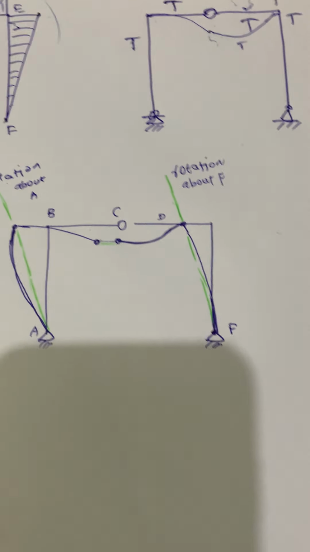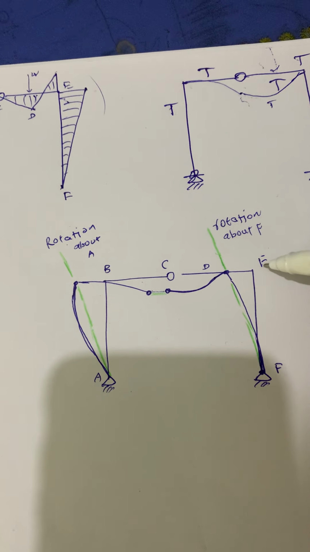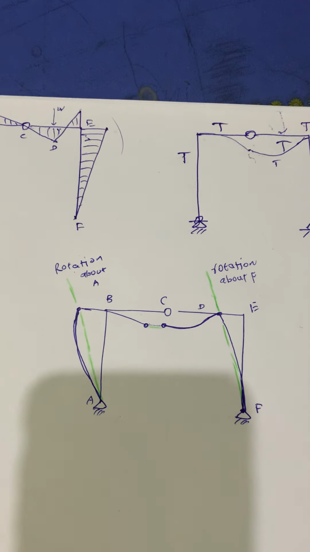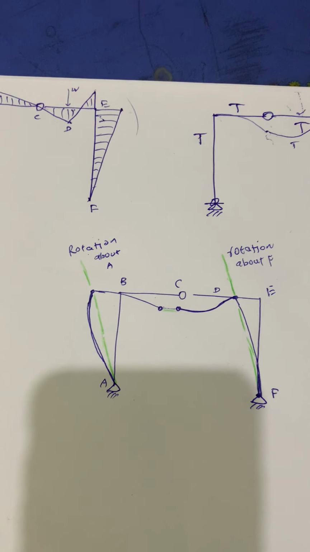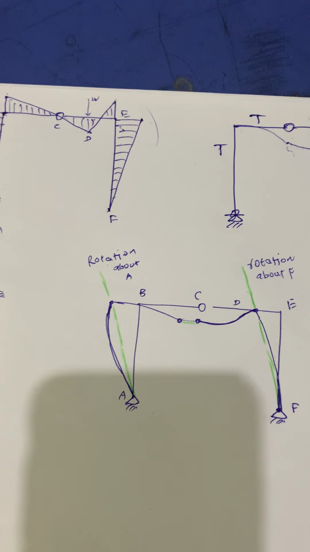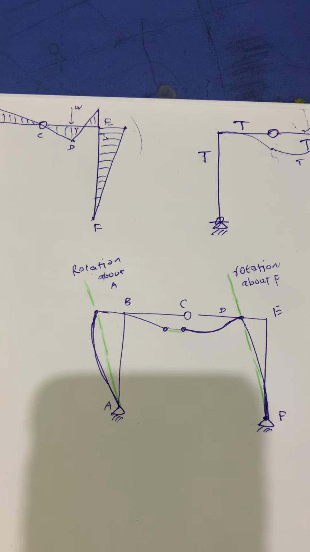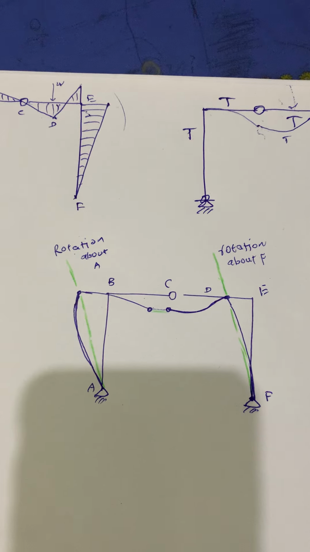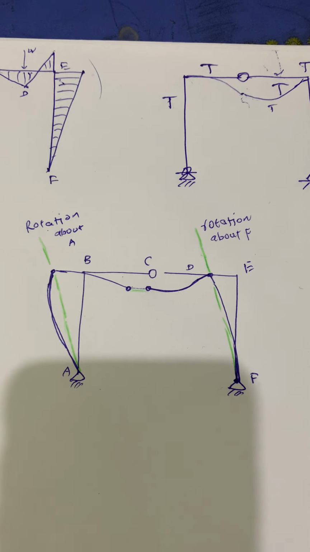This point is E, this point is B. So E and B have to move horizontally, rotating the left part ABC in the anti-clockwise direction about A, causing C to rise and move to the left. The amount of rotation will be the same for each part of the frame, and must be just sufficient to make the two points C coincident.